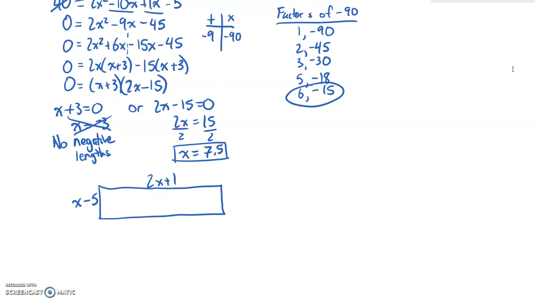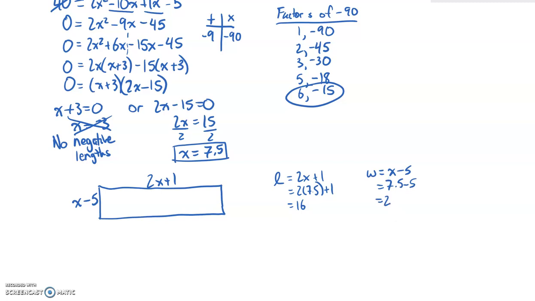And so if we actually want to calculate what these dimensions are, which we are asked to do, we know that the length is equal to 2x plus 1, which means that if I substitute in the x, I get 2 times 7.5, which is 15, plus 1 is 16. And the width is going to be exactly equal to x minus 5, which is 7.5 minus 5, or 2.5.